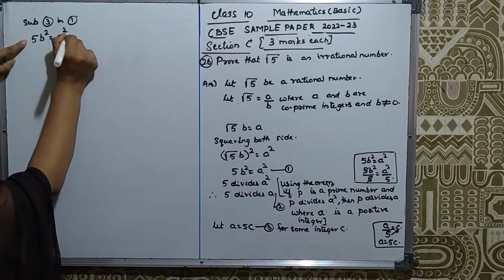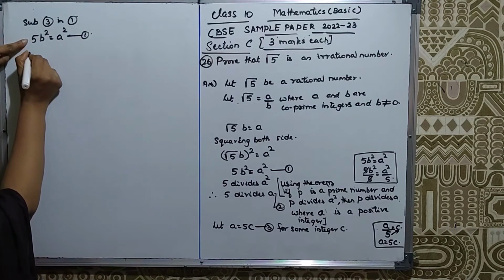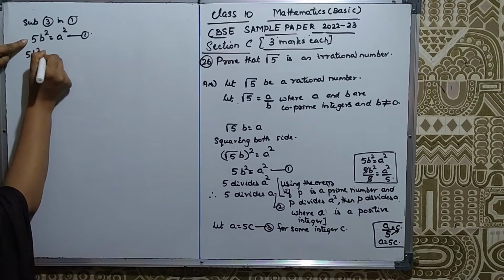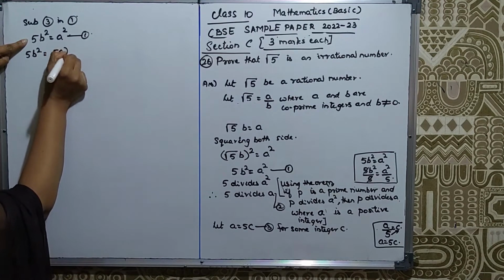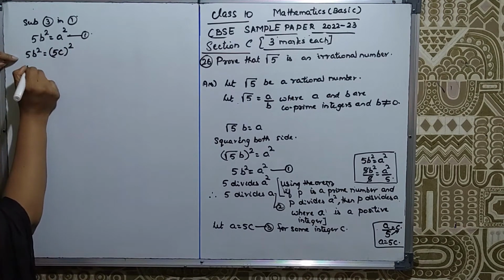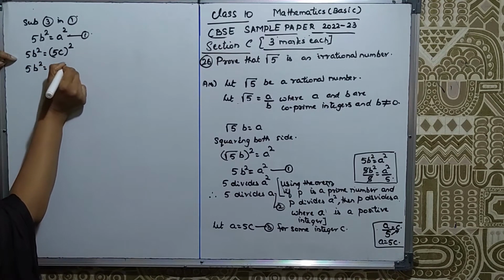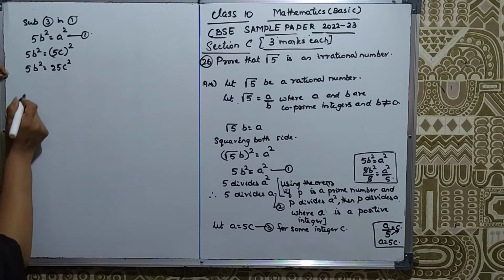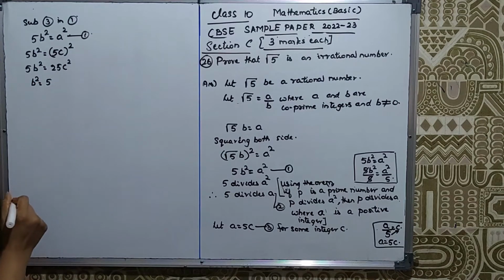In that one we are substituting equation number 3. So 5b squared equal to, instead of a we can write (5c) the whole squared. So that is 5b squared equal to 25c squared. When you divide throughout by 5, b squared equal to 5c squared.